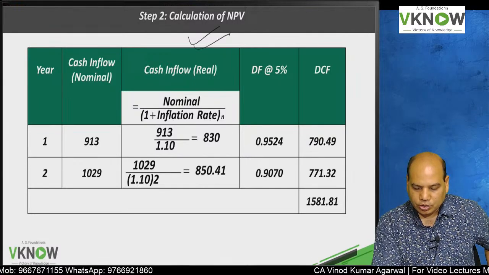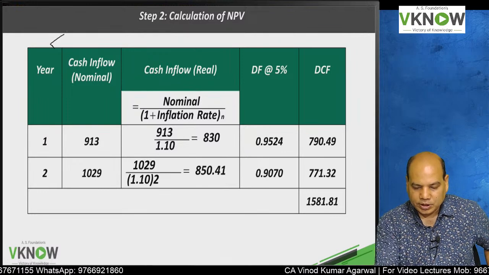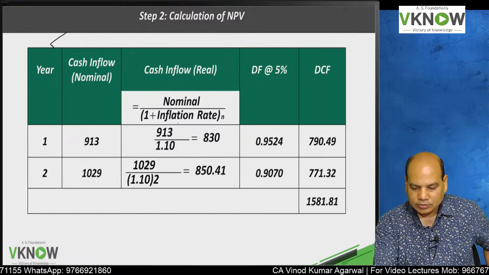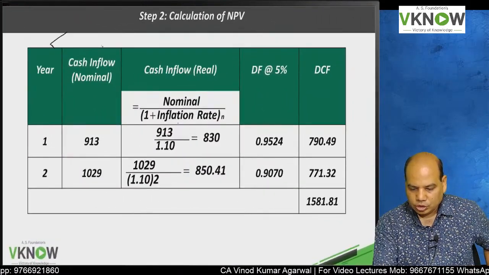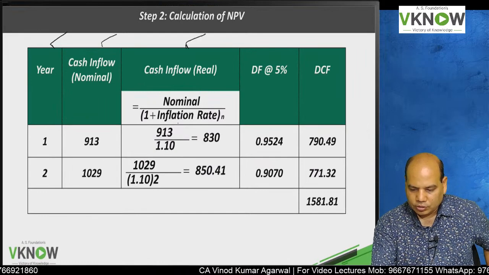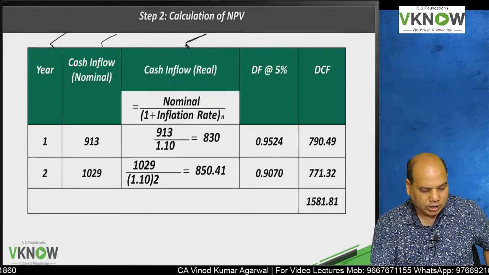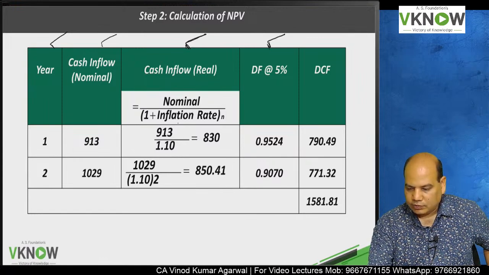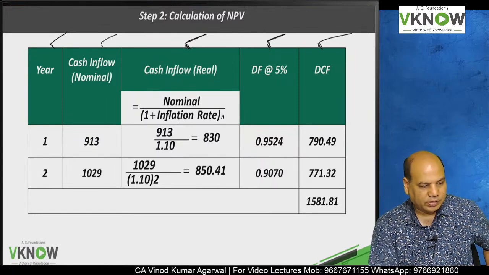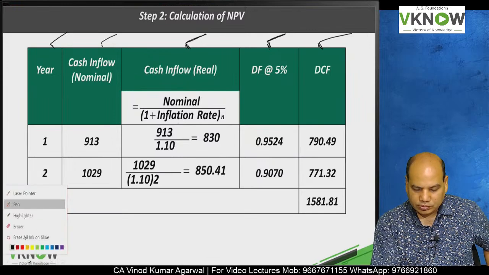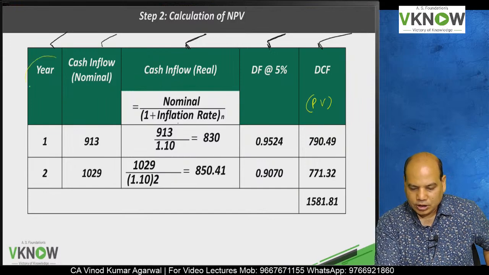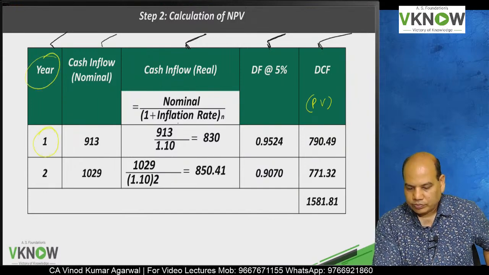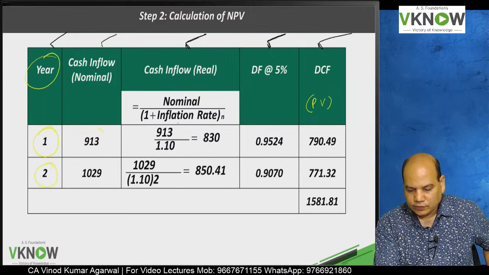First we'll draw one format. Very easy question, nothing to explain. Year, cash inflow nominal, cash inflow real, like we have done in the earlier problem. Discounting factor will be 5% and present value. Everybody please participate. Year column write 1 and 2. Cash inflow nominal, go to previous working.